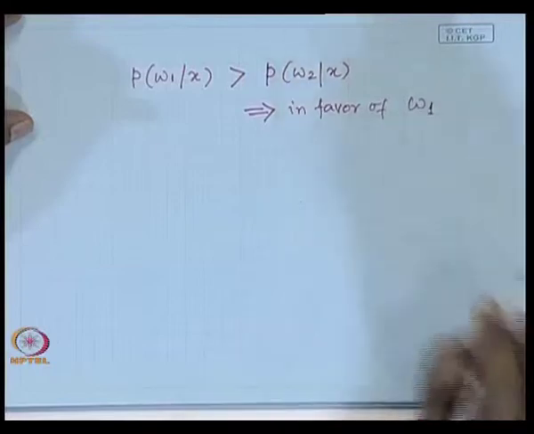That means we decide that the object having this observation x belongs to class omega 1. If it is otherwise, that is, P of omega 2 given x is greater than P of omega 1 given x, then we decide that the object belongs to class omega 2.